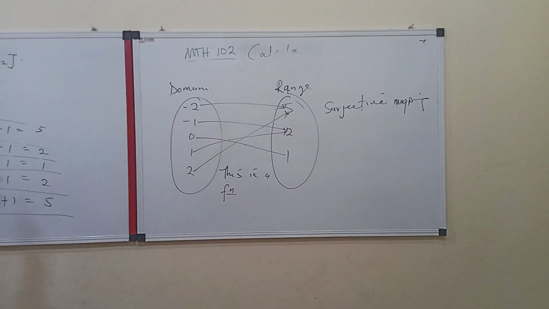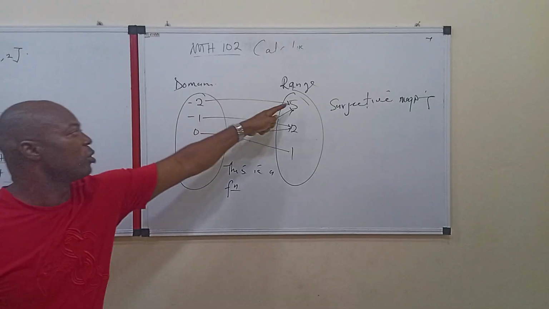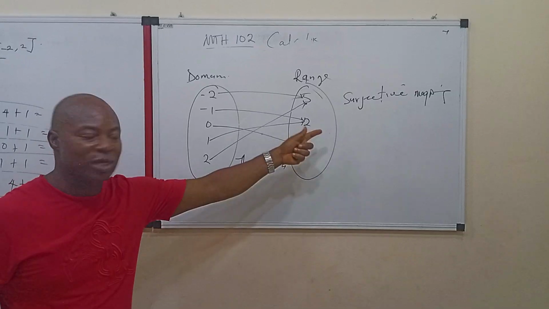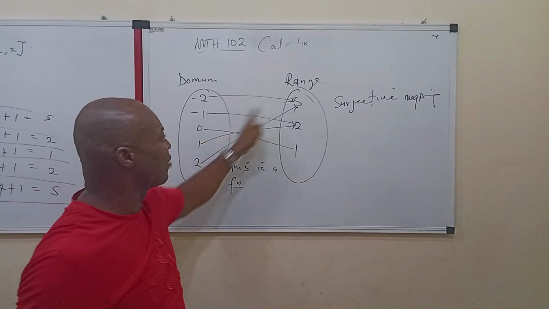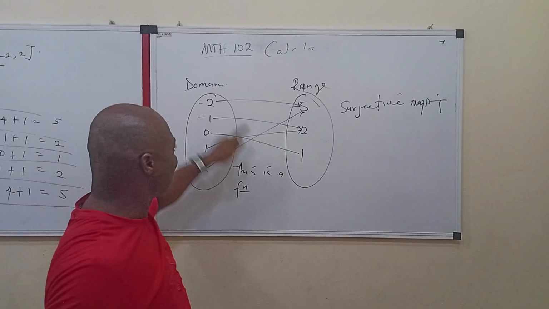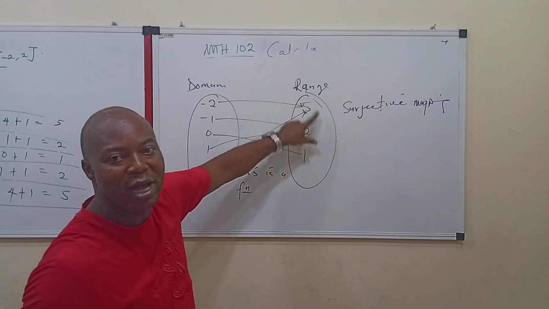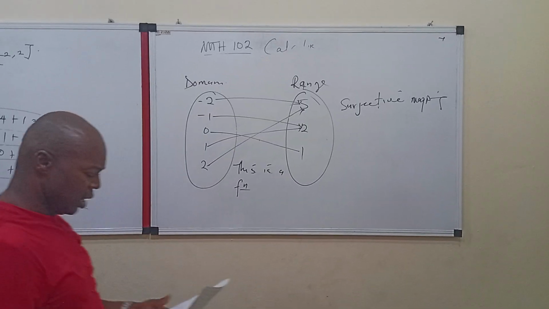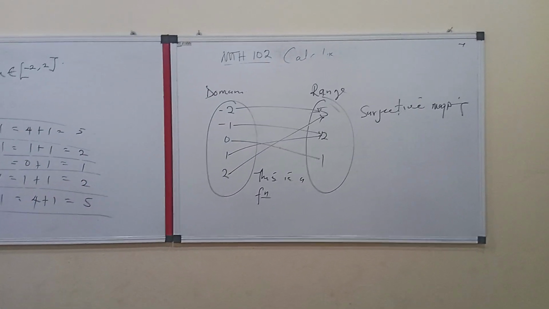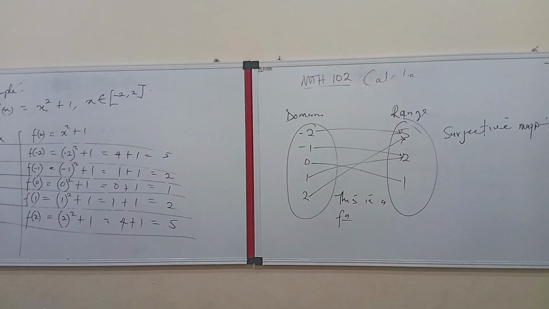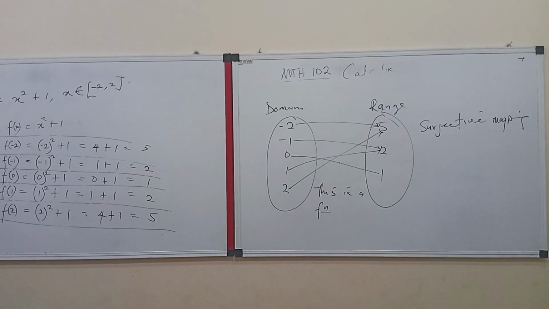The first one we did had a unique, one-to-one correspondence, so we said it's injective, whereas this one is not. But all the range values are mapped, so this one is called a surjective mapping.